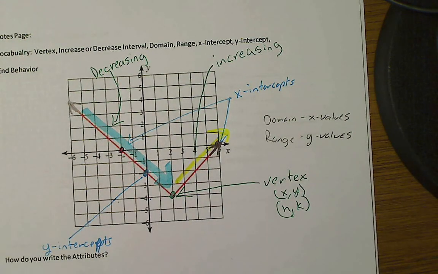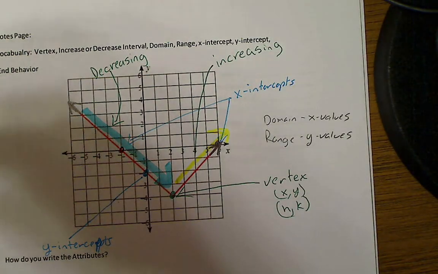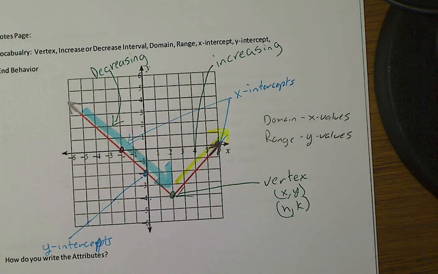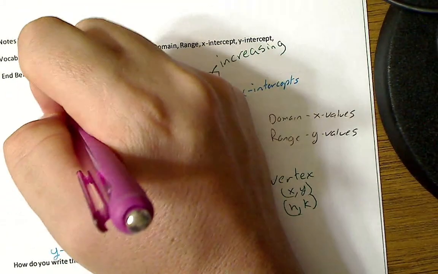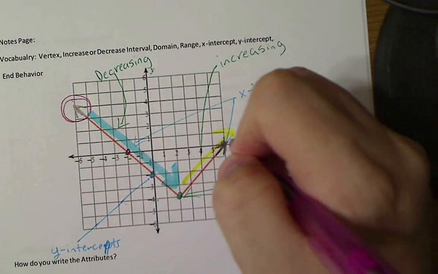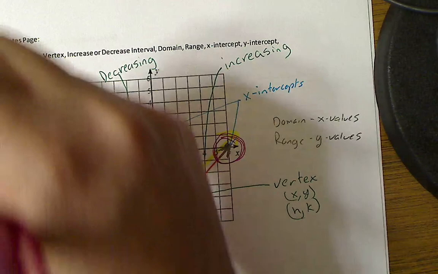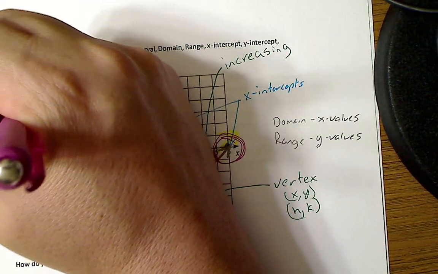The last part, and it's a little bit more complex. It's easier to understand when I write these. End behavior. Okay. So your end behavior deals with the two right and left parts of your graph. Okay.